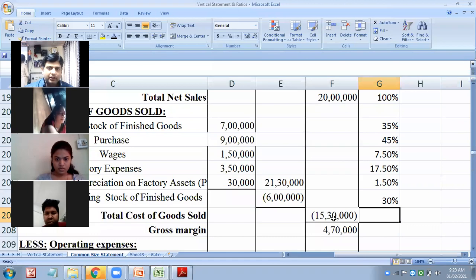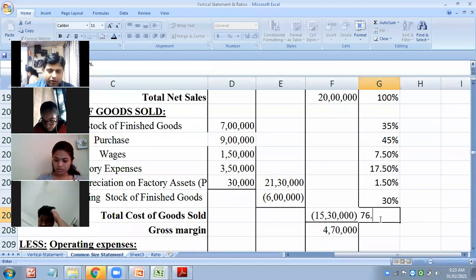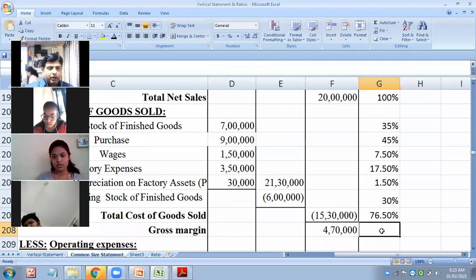So 15 lakh 30,000 divided by 20 lakhs into 100. 76.5%. Absolutely right. Then now we got the gross profit margin.